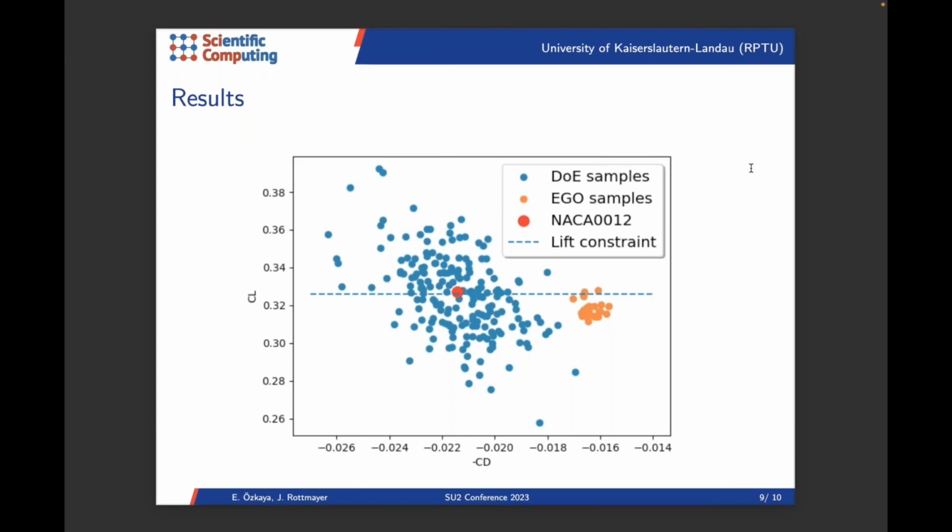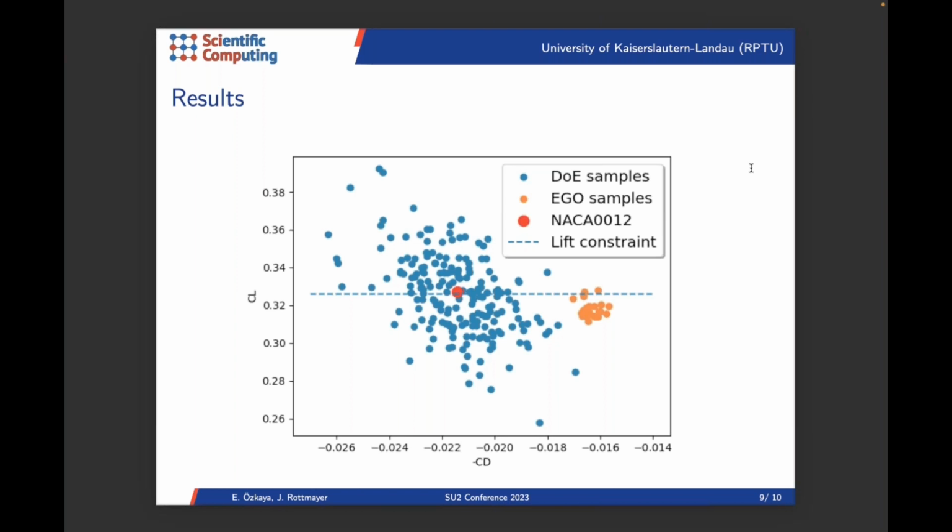Well, as I told you, you generate samples, right? And these are the samples for this optimization study generated in design of experiment as well as in the optimization. So on the x-axis, I have the negative drag coefficient, minus CD, on the y-axis the lift coefficient. Here in that picture, you don't see the geometric constraint, unfortunately. I just picked the lift constraint.